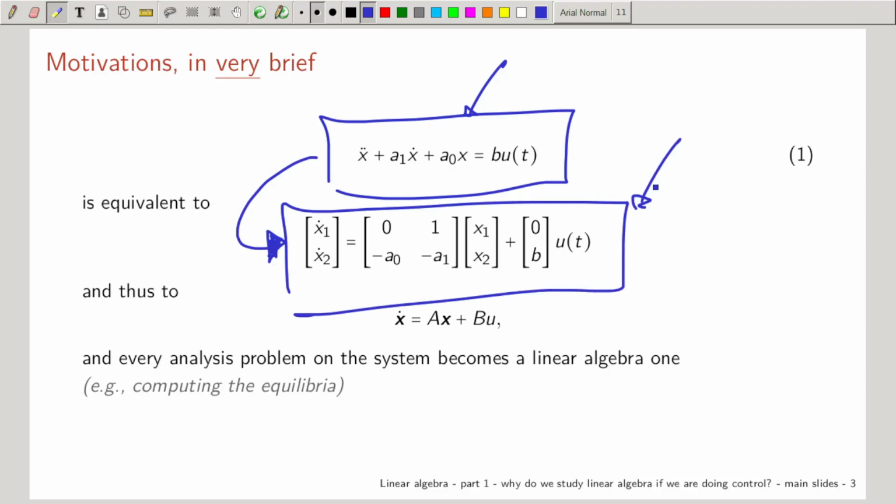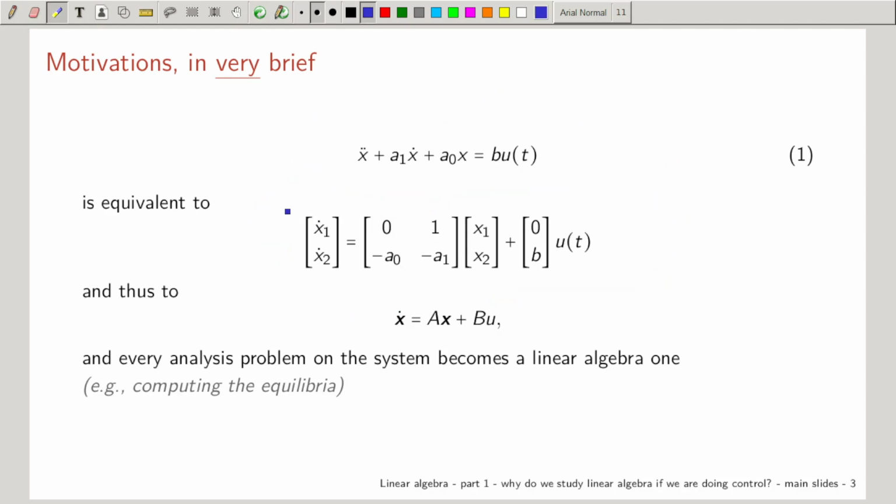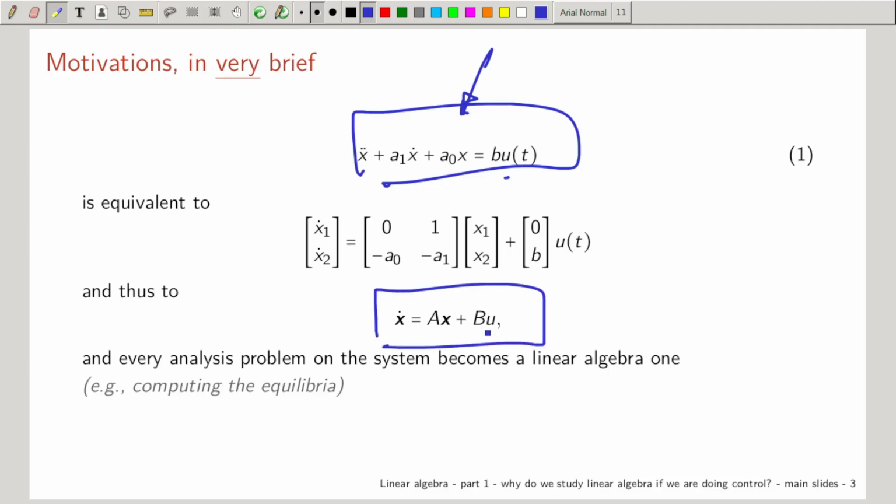Actually, I think we already did it. Going from ARMA to state space, we did it, true? I think we did it. So you've got to remember. And this one, that is second order single input, becomes first order single input, but vectorial, while this one was scalar.